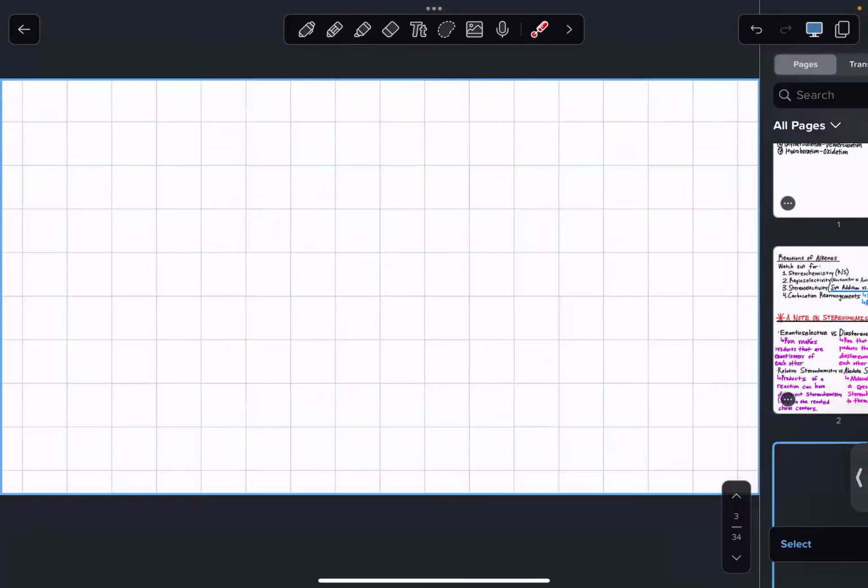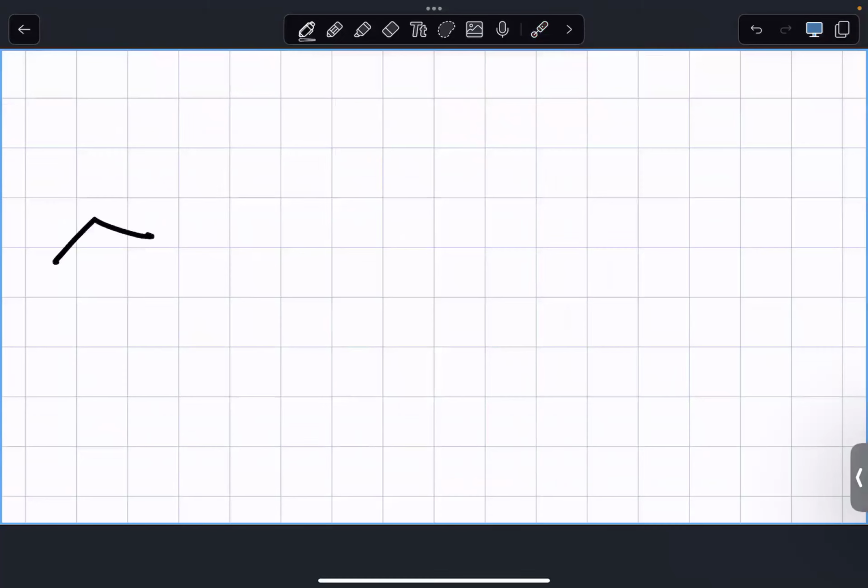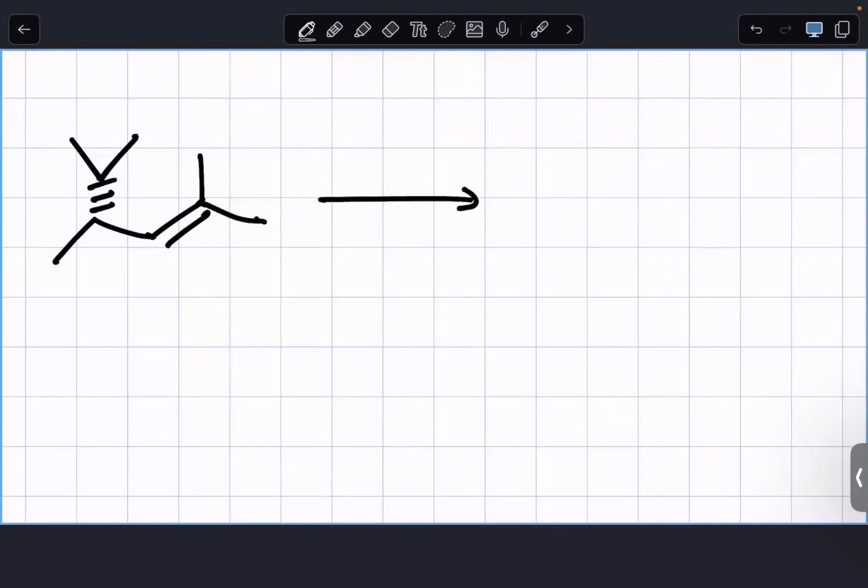we have this alkene, like let's say right here, and okay, let's say we react that with Br2, CCl4.